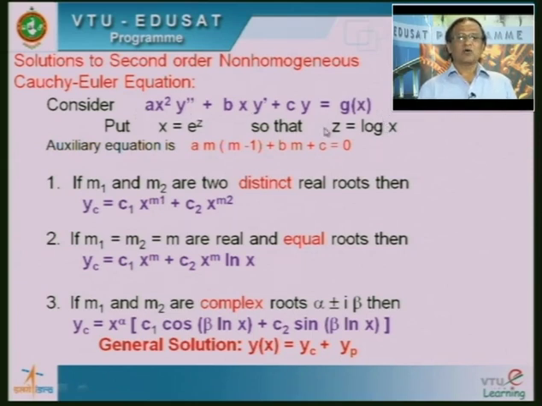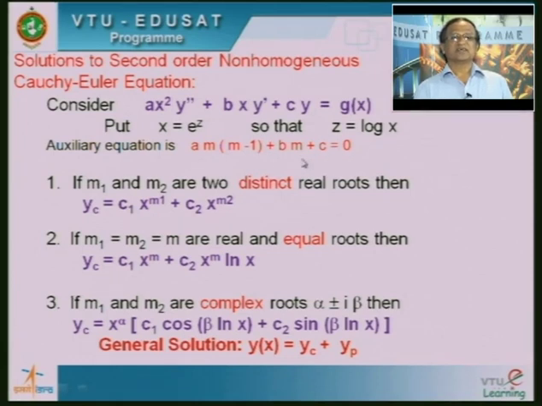In that case, we have already found the solution of such a type of differential equation. Exactly in a similar way, now you want to solve this type of equation. Now, I am going to convert this equation into a linear differential equation with constant coefficients by using the substitution x is equal to e raised to z, so z is equal to log x, and this equation can be converted into this form: a into m into m minus 1 plus b into m plus c is equal to 0.